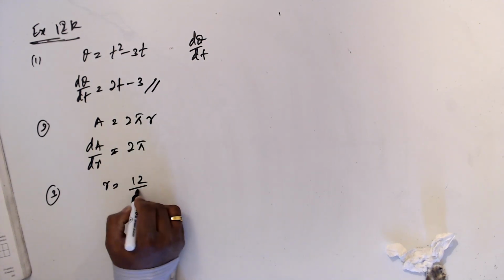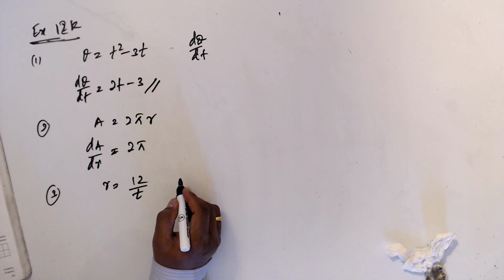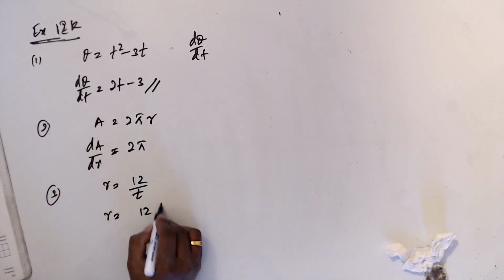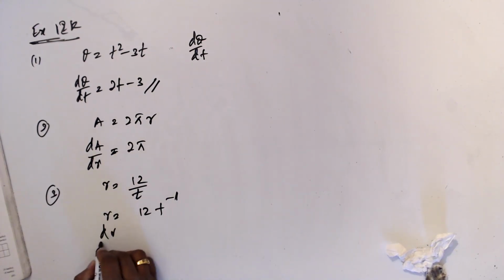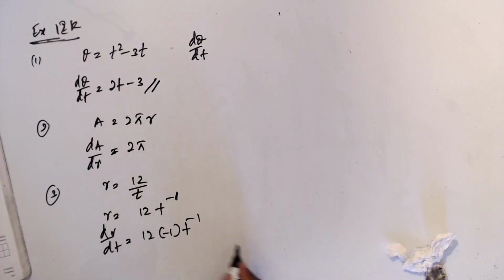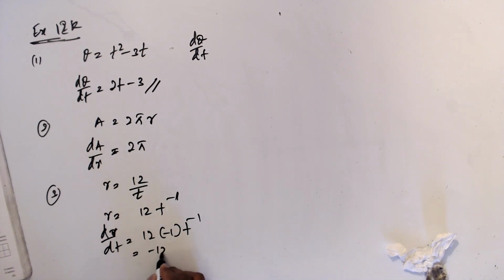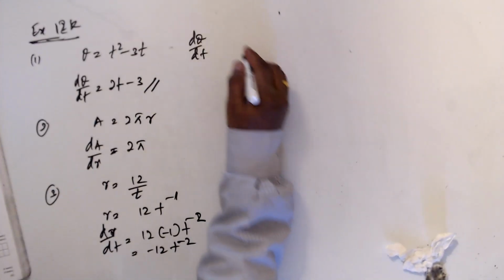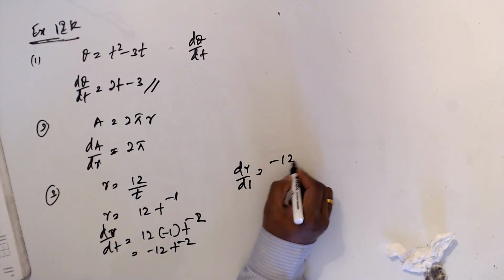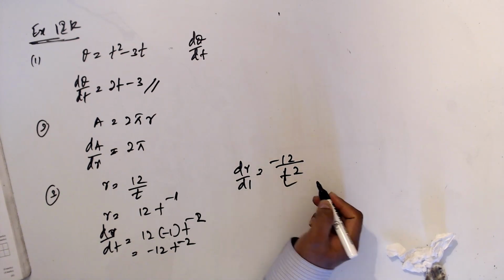R equal 12t. So we want to find dr over dt. So r equal 12t minus 1. So dr over dt equal 12 minus t minus 1. So this is minus 12t minus 2. So dr over dt equal minus 12 over t square.